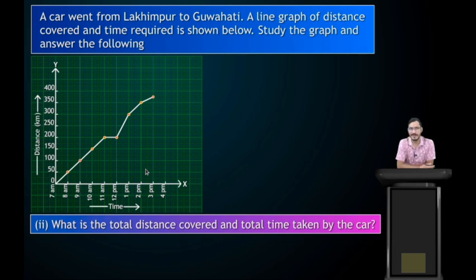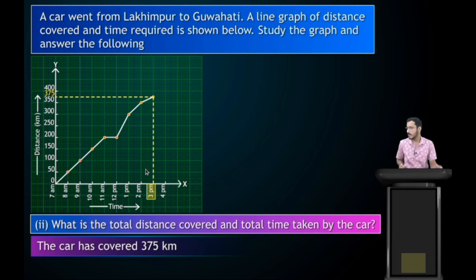Yes, correct. What is the total distance? You can see the total distance at the maximum point of the line graph, and the time taken. Here it is between 350 and 400, that is 375, the maximum distance, and the time is 3 p.m. So the car has covered 375 kilometers.